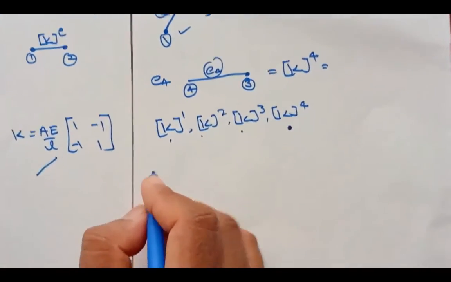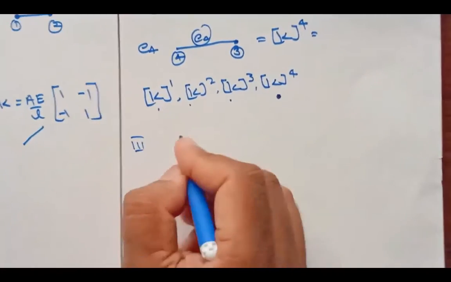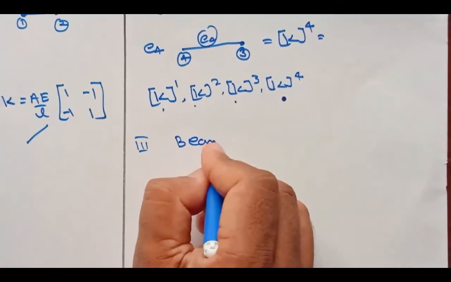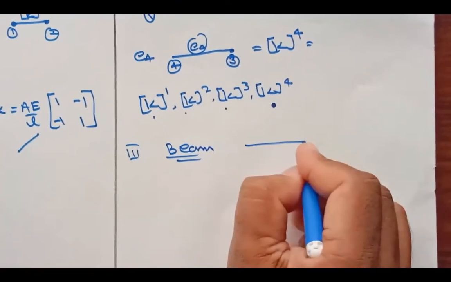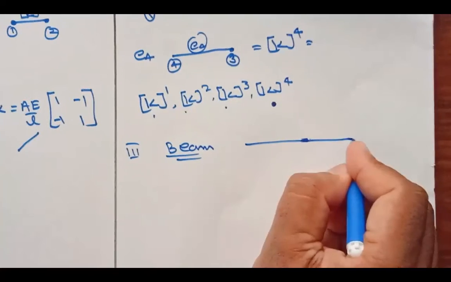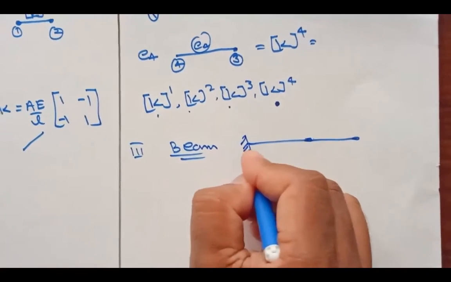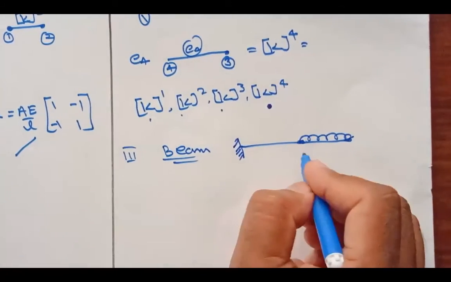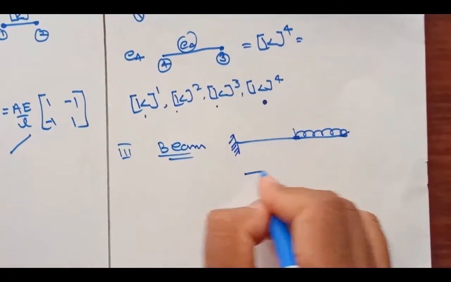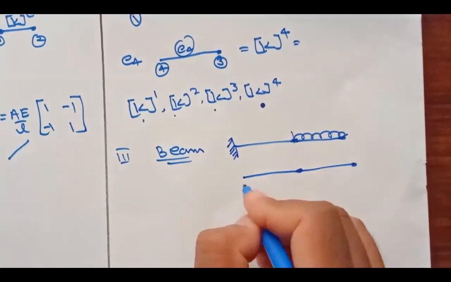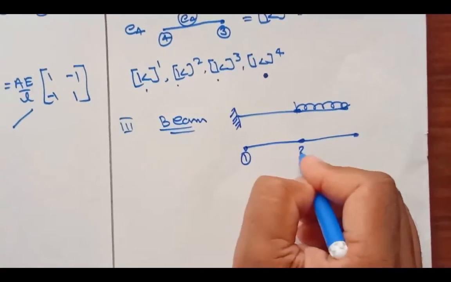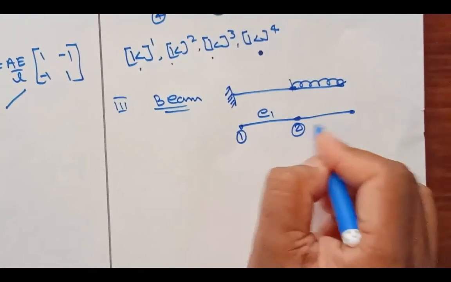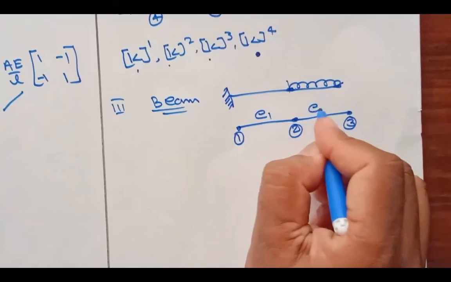Similarly, the third category is a beam. In a beam, we have discretized this beam into two elements. In the last session we also discussed a beam element having a uniformly distributed load over some area. We discretized this into two elements, nodal numbers 1 and 2 having element 1, and 2 and 3 having element 2.